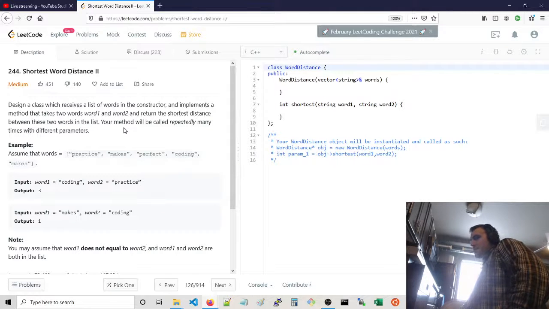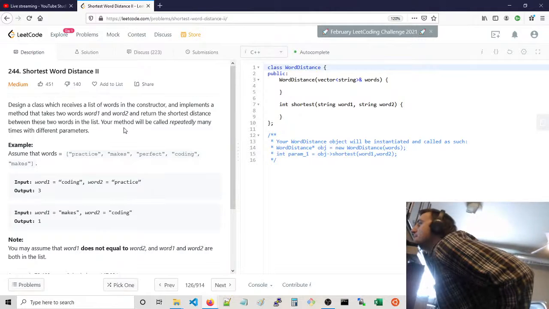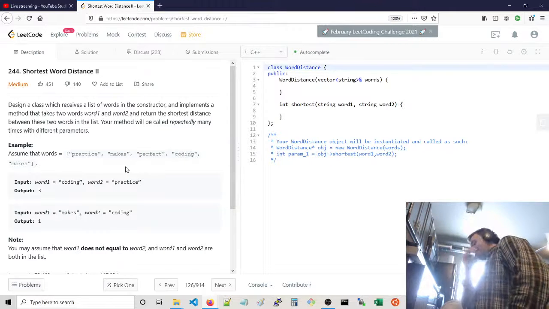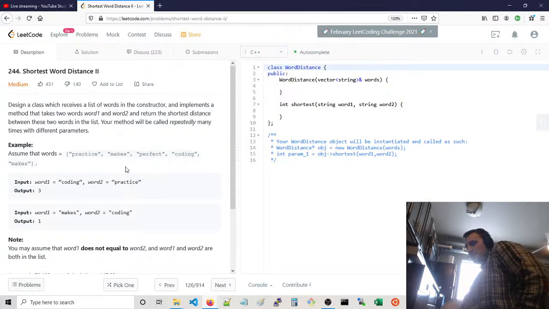Yeah, I think that's right. From coding to practice, you have 1, 2, 3. Now, that would be constant time for each query, and a linear amount of storage space, or pseudo-linear, because the string size matters, but linear with respect to the number of words.